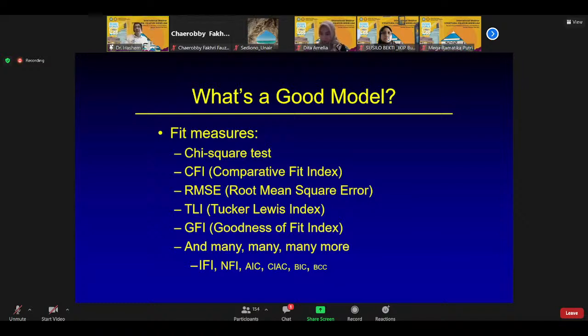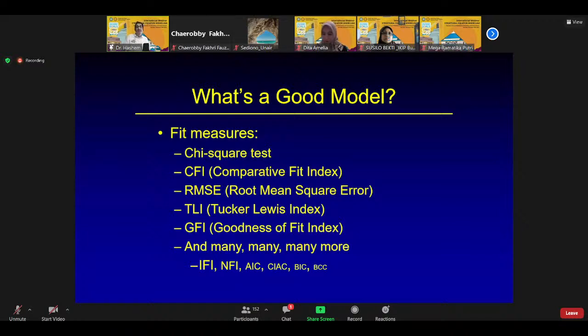And the first question my students normally ask me is, how can we trust this model, right? Which is true. We cannot just put all the things together and say, oh, this is the correlation between the research variables, this is dependent, this is independent, this is the mediator, and that's all. No, we have to evaluate the model, which is called fitting the model, or how we can evaluate a good model.